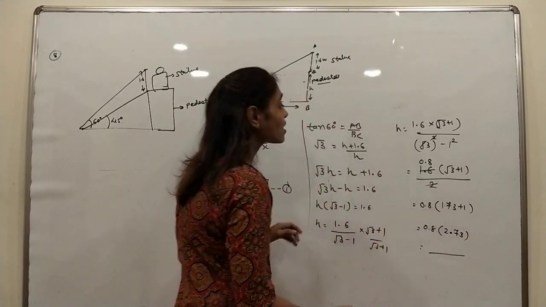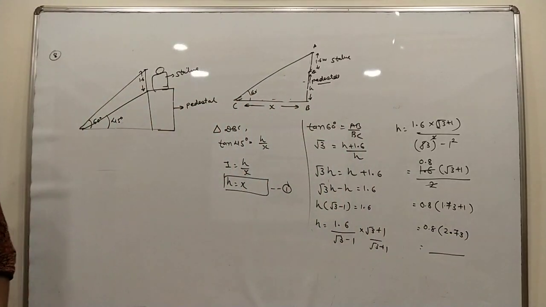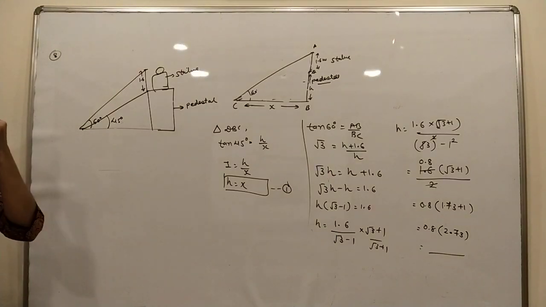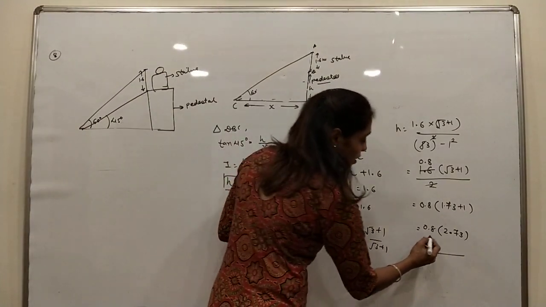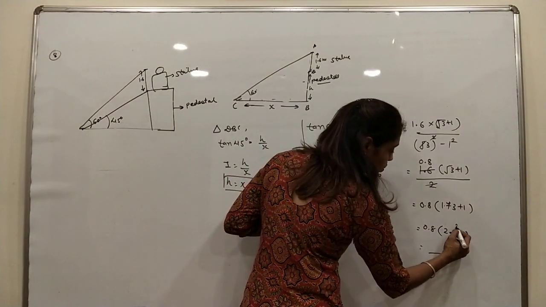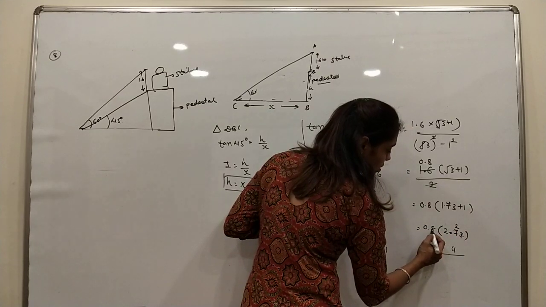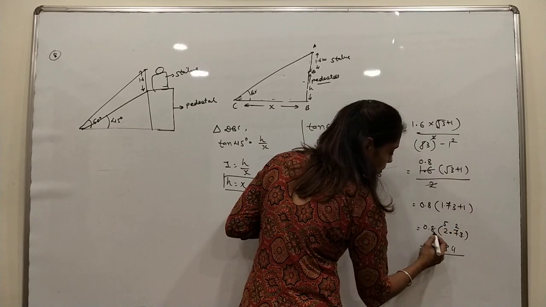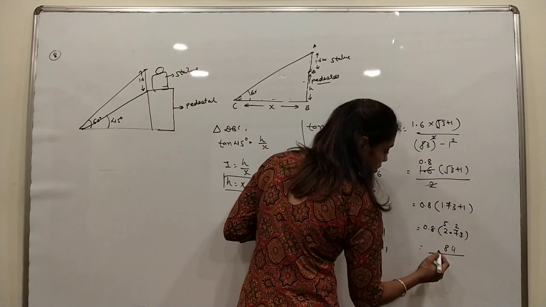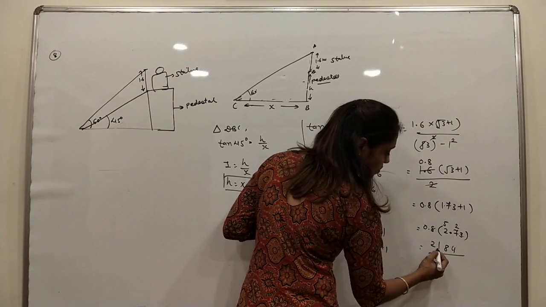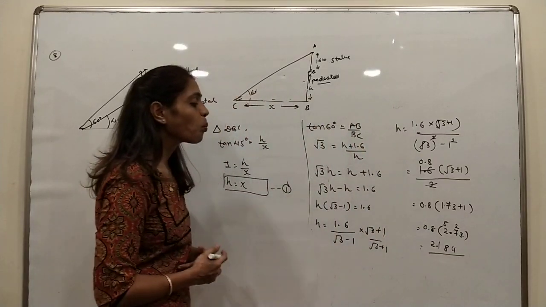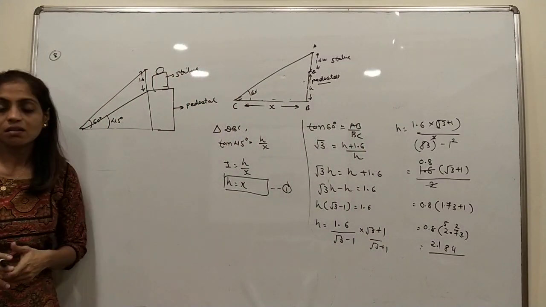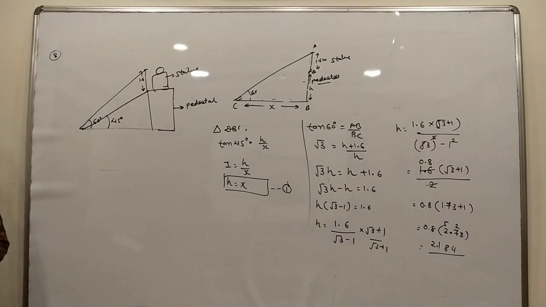Whatever the answer is, that is the height of the pedestal. Multiplying, we get 2.184 meter. That is the height of the pedestal.